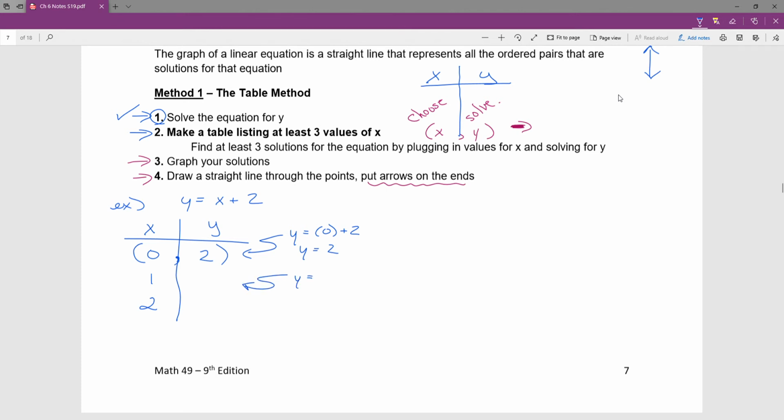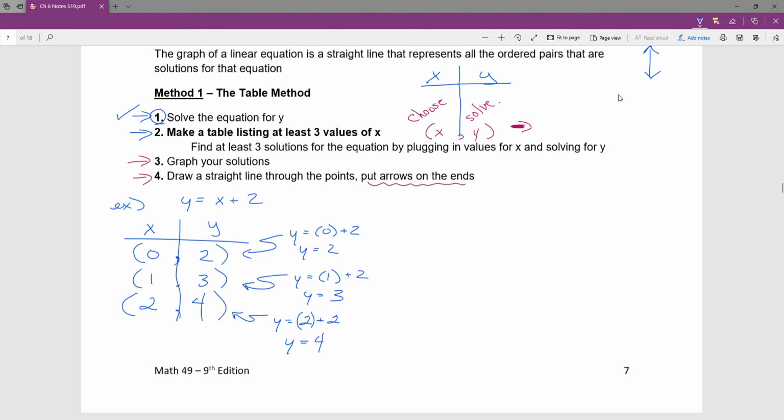For x equals 1, it's 1 plus 2, so y would equal 3. I'm crunching the numbers to come up with these ordered pairs that I'm going to be able to graph. The last one, I had chosen that x could equal 2. So 2 plus 2, that 2 went in for the x, and so y would equal 4. This completes 3 solutions for my linear equation.